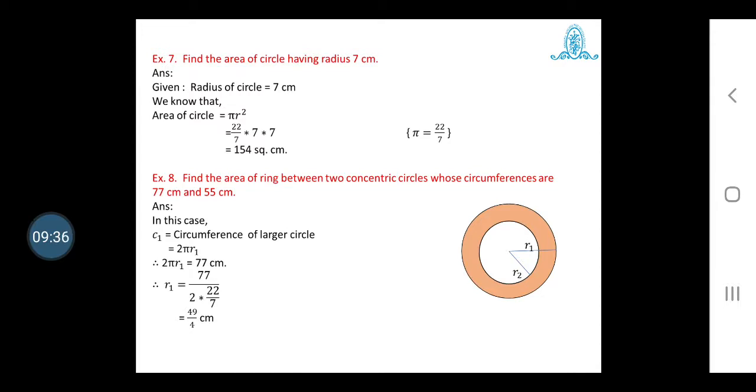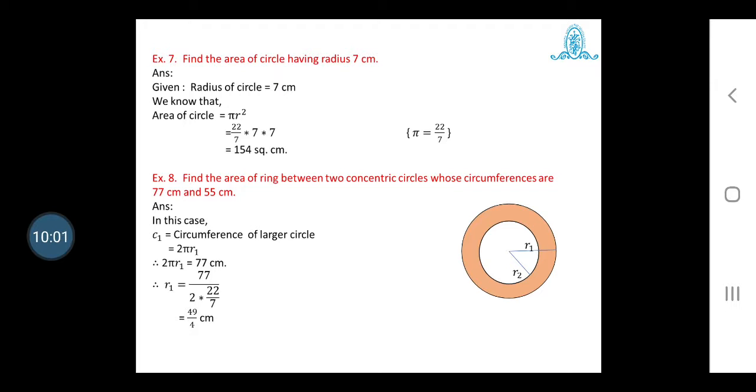Here C1 is the circumference of larger circle and the formula is 2 pi r1, where r1 is the radius of larger circle. So, if we substitute, its value is 77. So, 2 pi into r1 is equal to 77. But if we transfer this 2 pi to the right side, it goes to the denominator, and the value of pi is 22 upon 7.